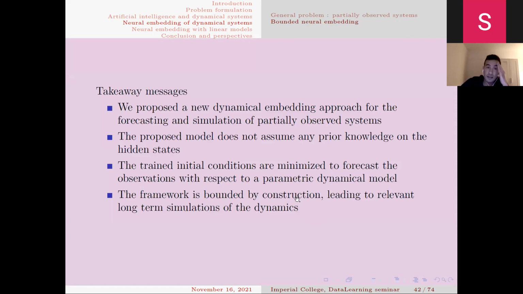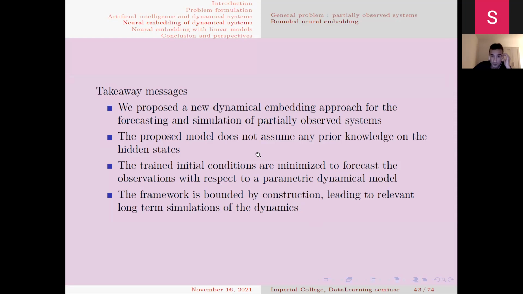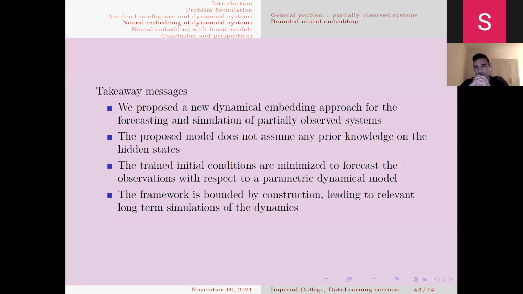Okay, so the main takeaway messages of this part is that we proposed a new dynamical embedding approach for the forecasting and simulation of partially observed systems. And from my point of view, what is most interesting about this framework is that the augmented space is built with variables that are here to minimize the forecast error of the observations.